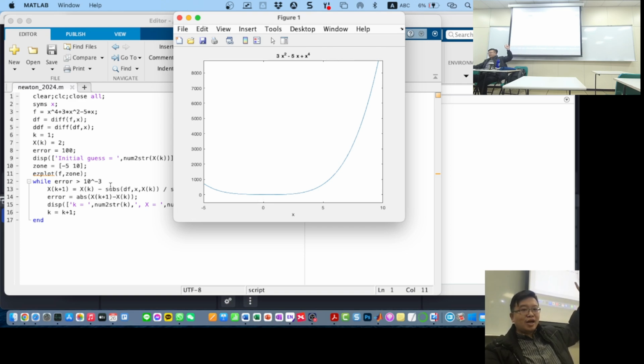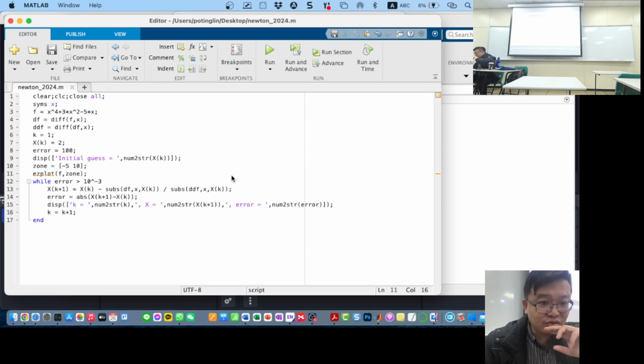I'm going to show you how the second order Taylor expansion approximates the function. Let me quickly do that every time over here.